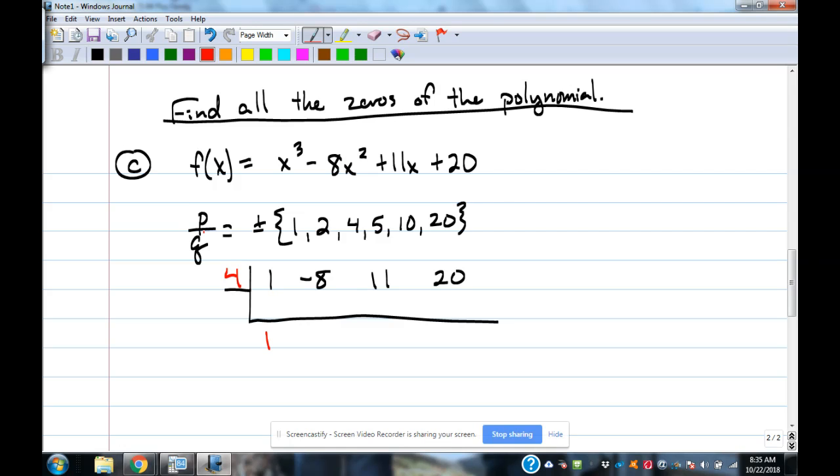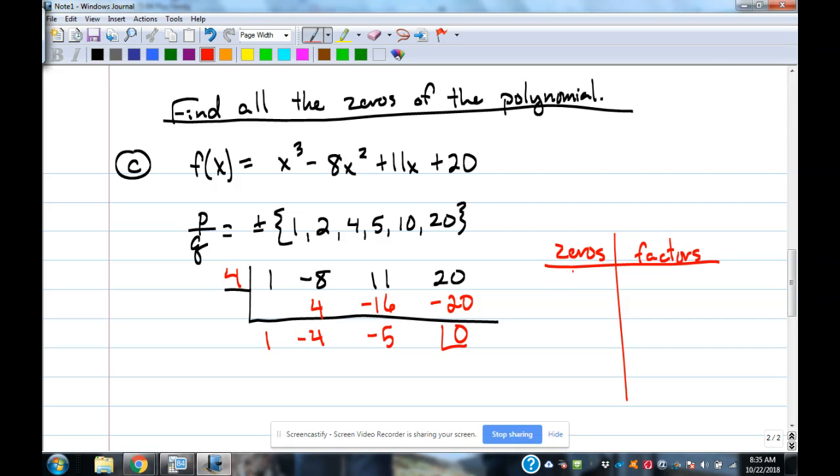Okay. 1 times 4 is 4. That's -4. -16. -5. What do you know? The remainder is 0. That is beautiful. Now, so what that tells us is that we've got zeros and we've got factors.